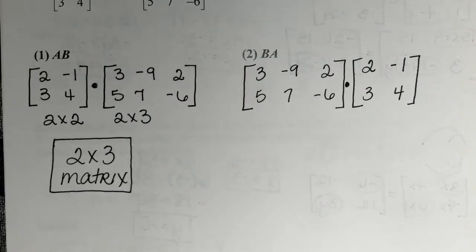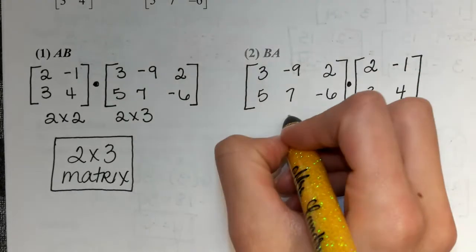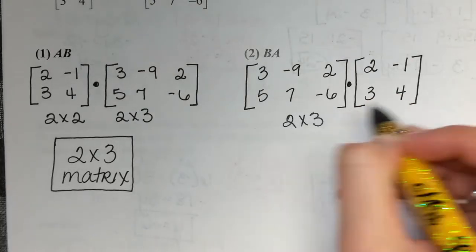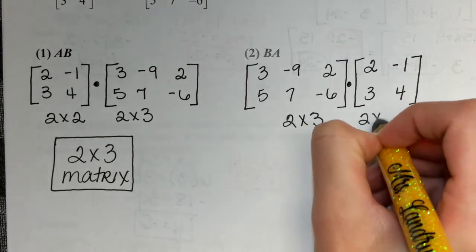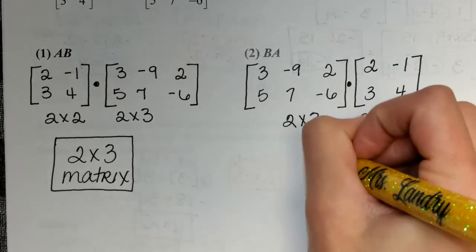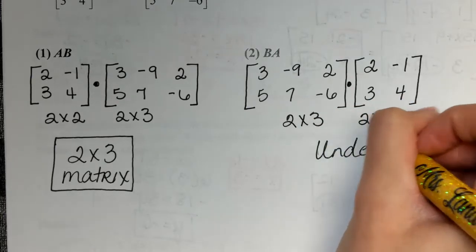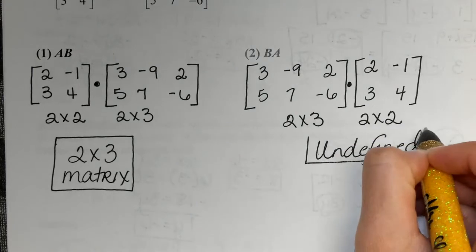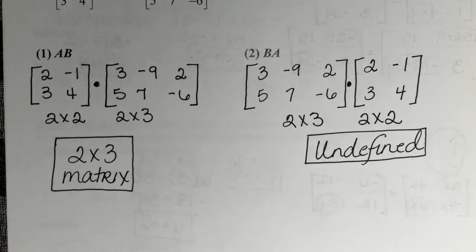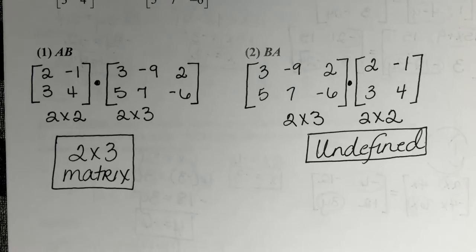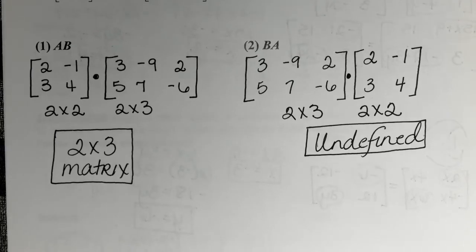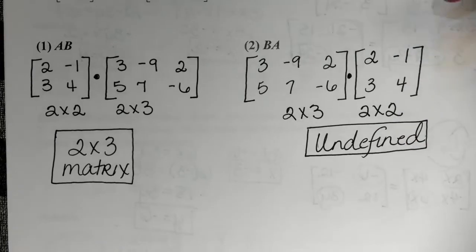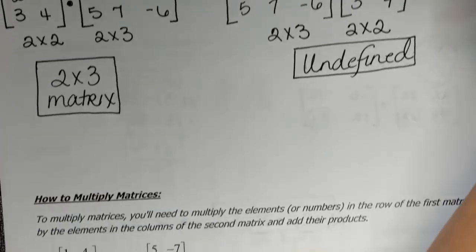So now, in the different order, I've got a 2 by 3 multiplied by a 2 by 2. That's undefined. So this is why the order of your matrices matters. Now good? Okay.